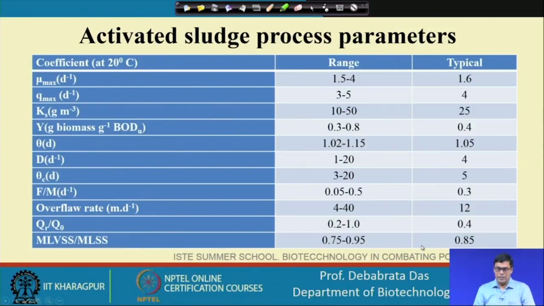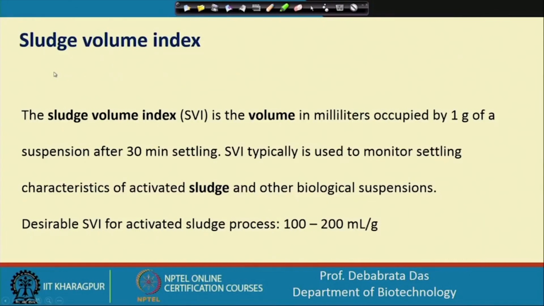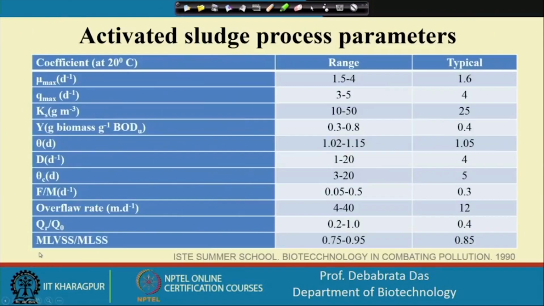Now, these are the different kinetic parameters that we have. The maximum specific growth rate varies from 1.5 to 4 day inverse, then Qmax equals 3 to 5, Ks, the saturation constant, is 10 to 50 gram per cubic meter, and the yield coefficient is 0.3 to 0.8.